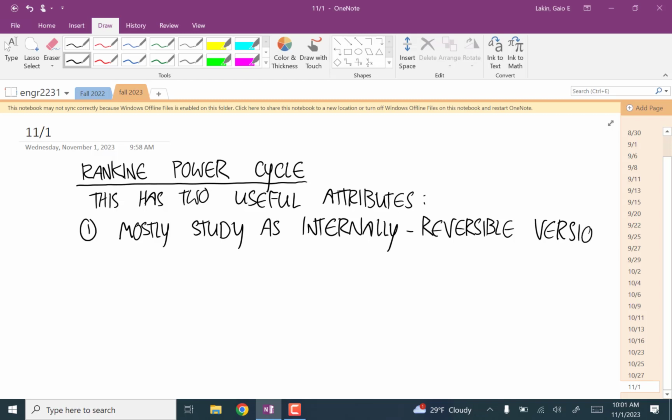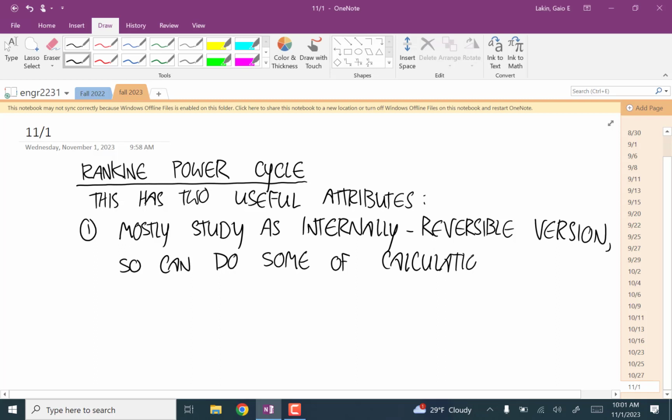So we'll be able to do some calculations about the ideal efficiencies and stuff that we talked about briefly before, but we'll be able to see where those calculations come from. So we can do some of the calculations that we just used before.